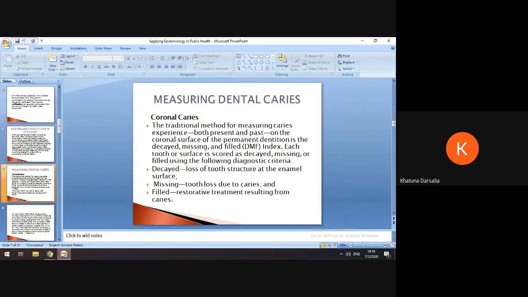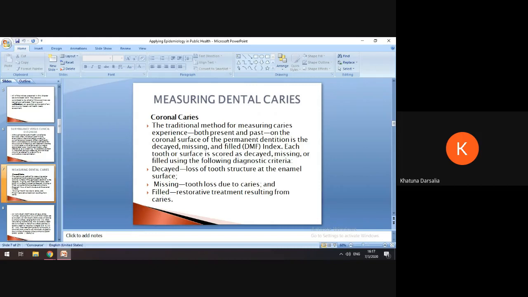Dental caries is an infectious disease process that results in loss of tooth minerals, demineralization, on the outer surface of the tooth. If not controlled or remineralized at an early stage, caries can progress through the enamel, into the dentine, and eventually into the pulp.